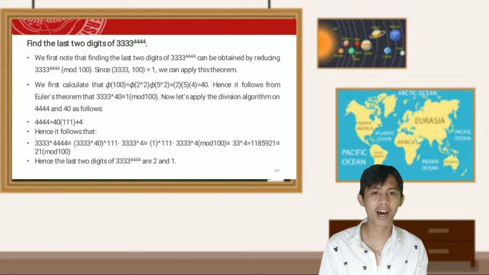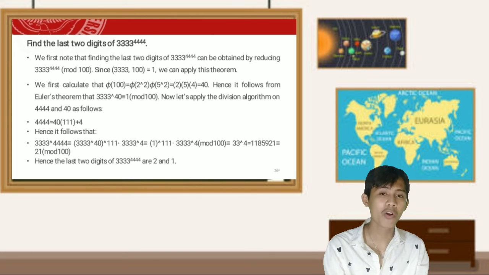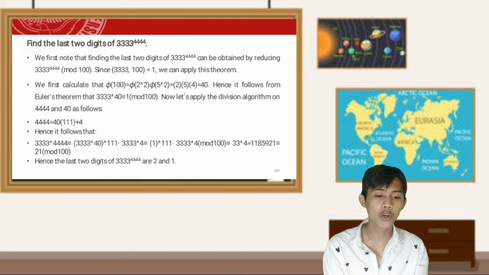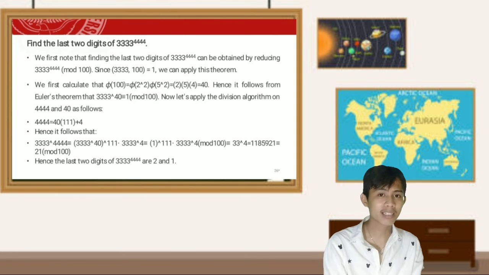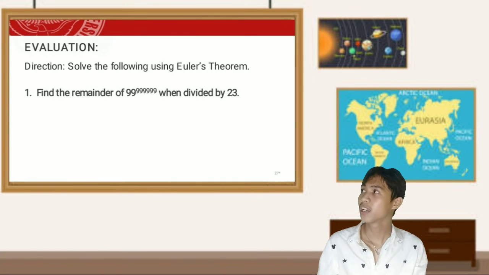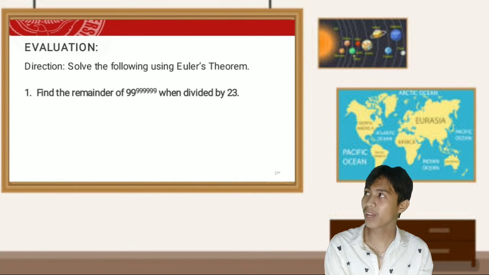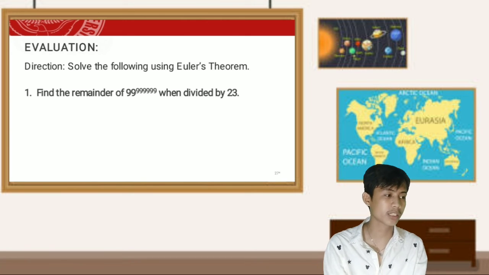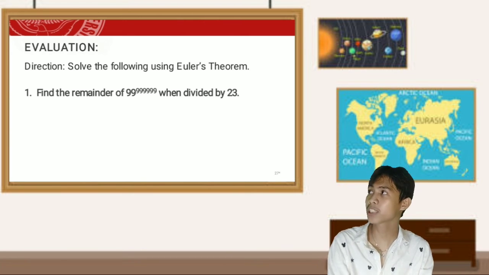Since it seems that you get our lesson now, to further test that you have understood the topic, we're going to have our evaluation. Get one whole sheet of paper. Direction: solve the following using Euler's theorem.